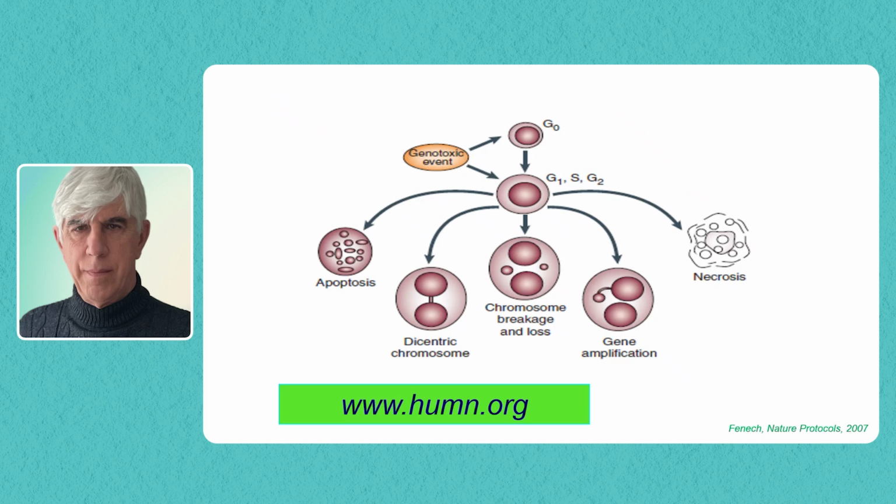And this is the assay done in vivo in lymphocytes. And obviously we can measure apoptosis, necrosis, gene amplification, the presence of dicentric chromosomes, and chromosome breaks or aneuploidy, I mean, when we have chromosome loss. So with just one assay, you can measure a number of different events.